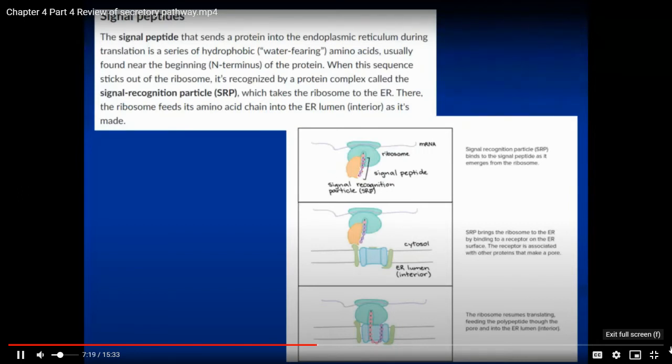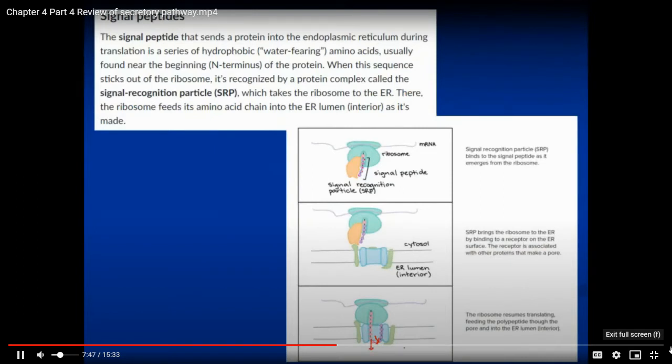If the signal says, hey, this is a secretory protein, it's going to direct the ribosome to the endoplasmic reticulum membrane. It's going to dock on top of it, and then it's going to start squirting its protein sequence into the endoplasmic reticulum. Okay? Eventually, this gets cut off, and so the pink part's going to end up inside the endoplasmic reticulum.